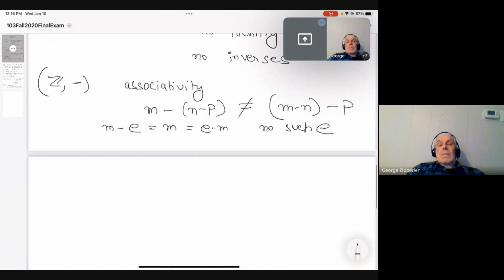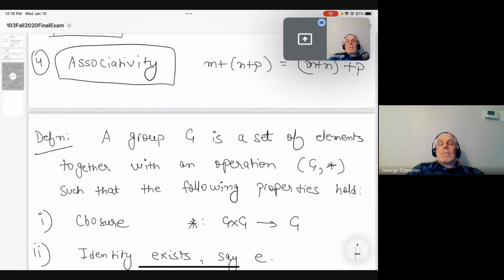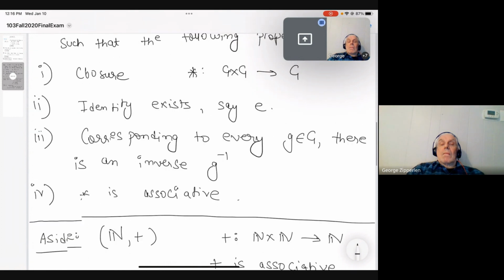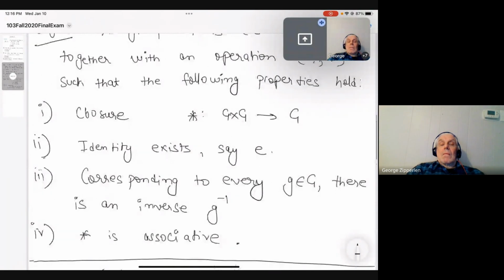So for example, closure. Why would you think closure is important? Well, because if the operation is taking you outside the set, then it's not really meaningful, right? I would rather extend my set so that at least I stay within the set. So closure is a very natural thing to demand. And also associativity, because I don't want to keep track of brackets while doing my operation. So associativity is a nice thing to have.